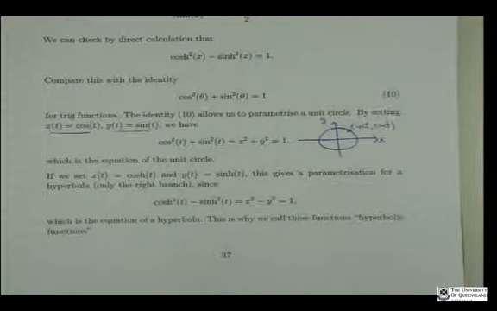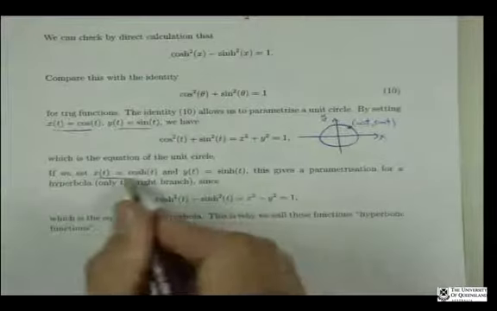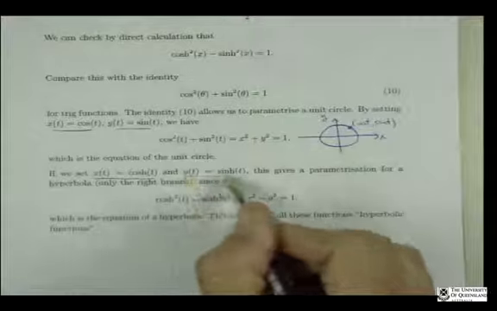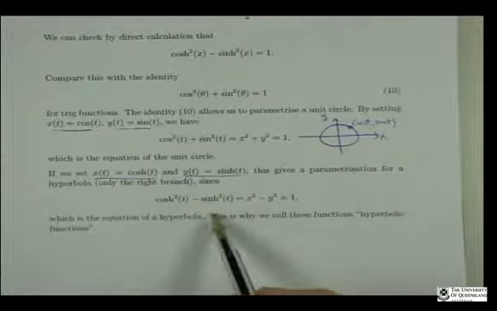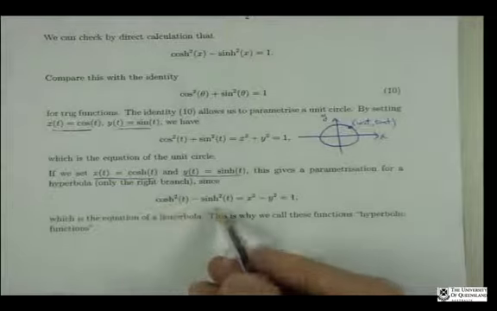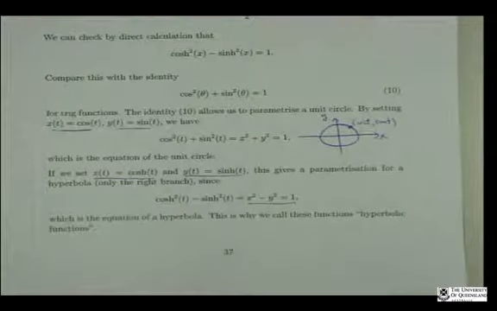Well, guess what? These hyperbolic functions are very naturally associated with hyperbolas in the following sense. If we introduce a parametrization so that x equals cosh t and y equals sinh t, then the hyperbolic identity, cosh squared minus sinh squared is 1, can simply be written as x squared minus y squared equals 1.